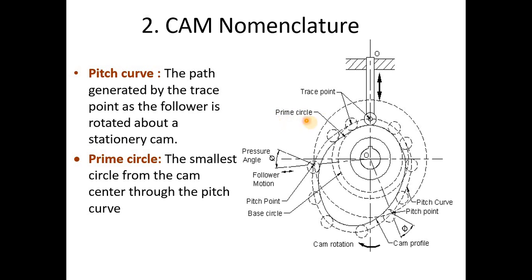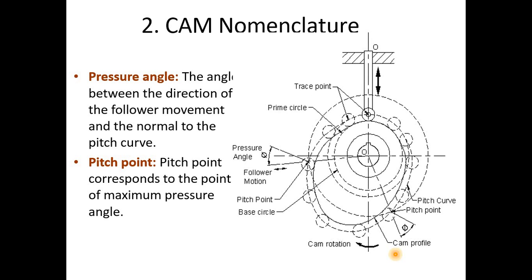Look at this, this is the prime circle. Whatever is the smallest circle on the cam profile, we call a prime circle.